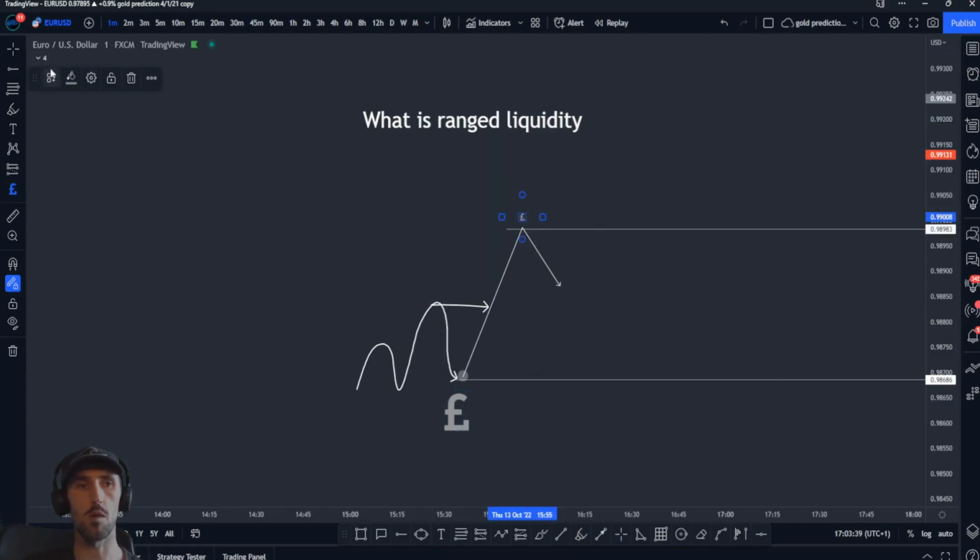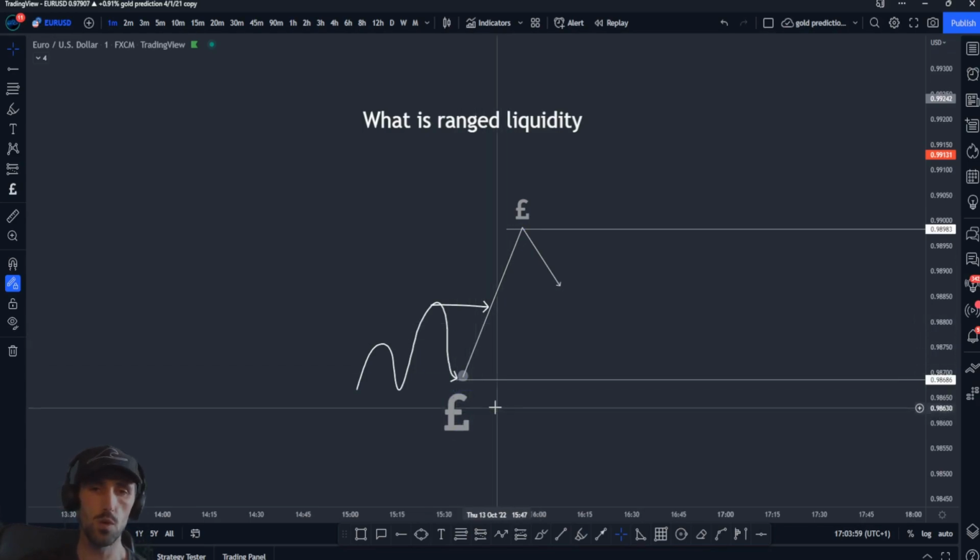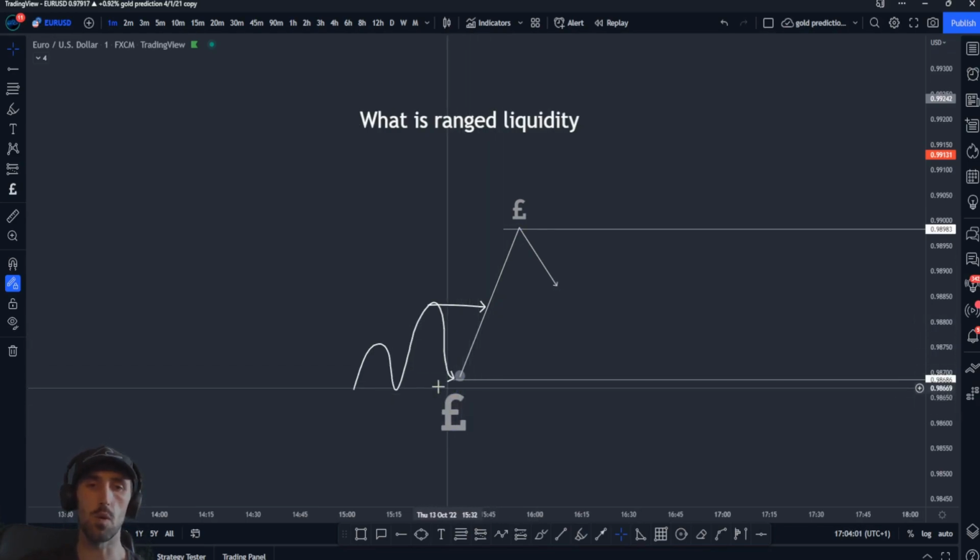When we get to the top, we're having two different things happen here. One of the things is the big guys that got in down here are starting to take some of their profits off the table, causing price to drop back down. Now, each range has a choice. With any given range, the low is going to be the point of invalidation, and the high is going to be the area that we'd expect to be liquidated.